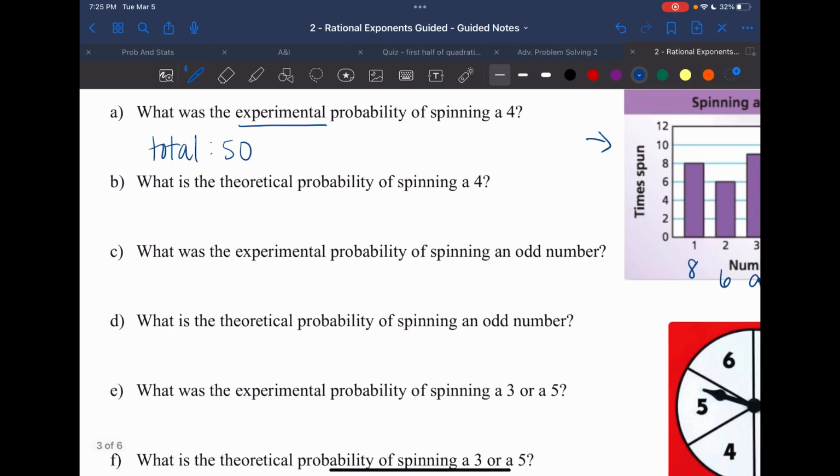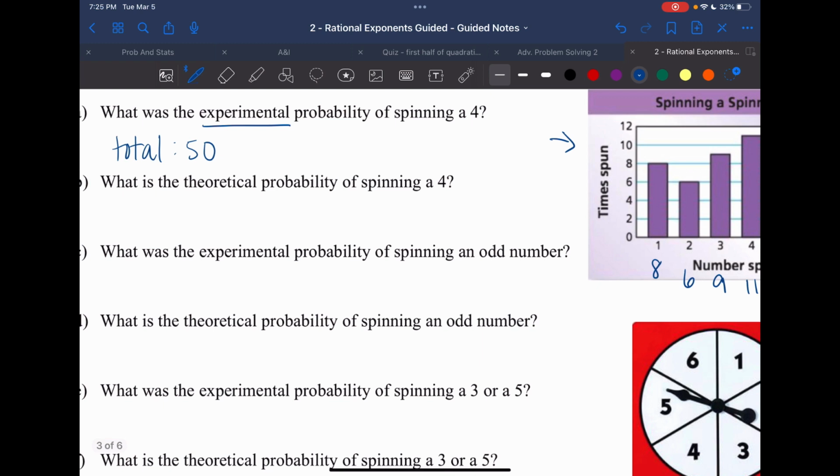And the total number of 4s, if you recall, was 11. So the probability of spinning a 4 is 11 over 50. What was the theoretical probability of spinning a 4? In theory, since each of the spaces is equally spaced out on the spinner, there are 6 options. So 1 out of 6.